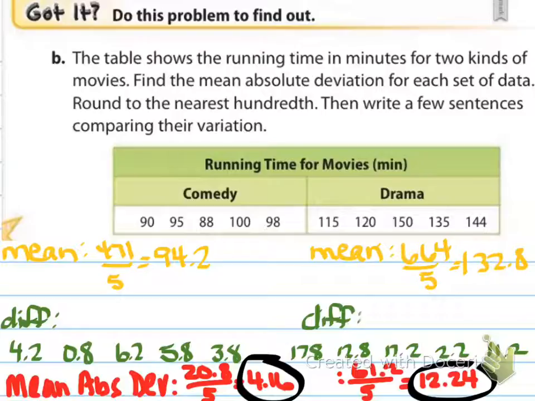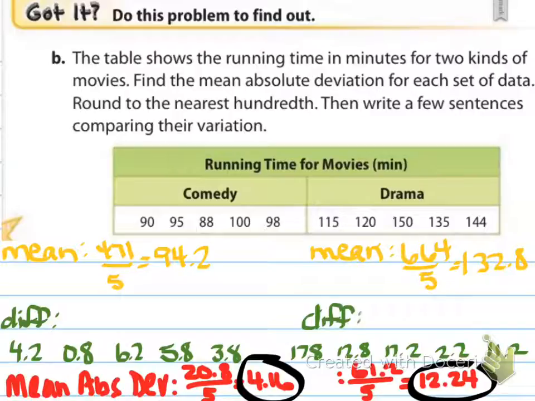All right, so my answers are for the comedy, the mean absolute deviation is 4.16 minutes, and the mean absolute deviation for dramas is 12.24 minutes. And so just comparing their variation, I guess I should actually write this down.